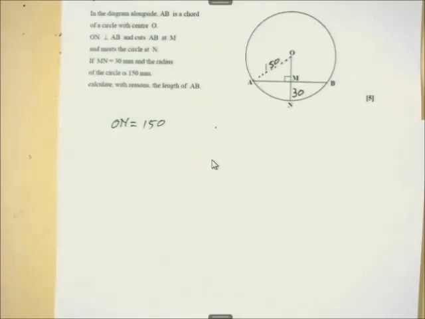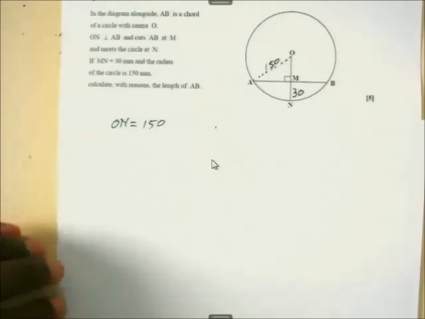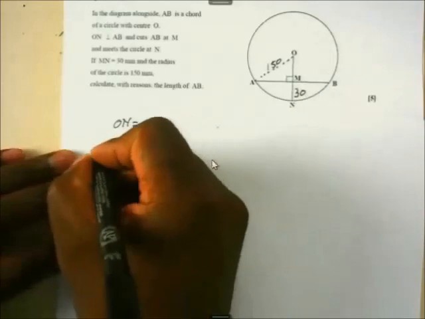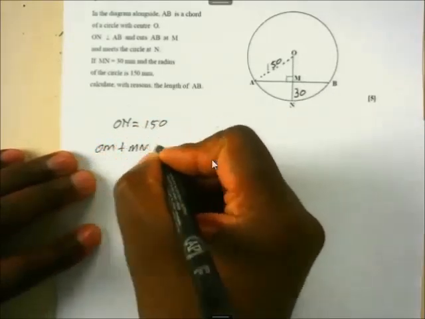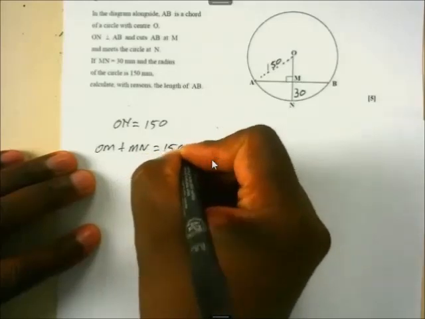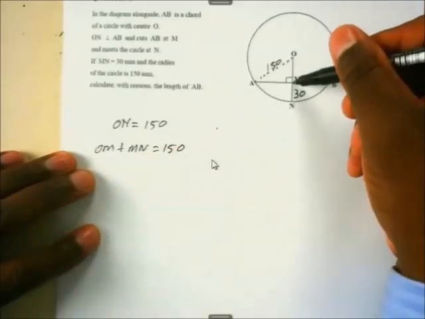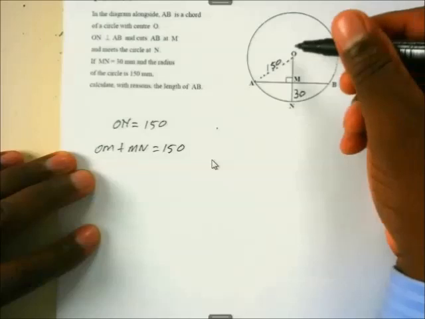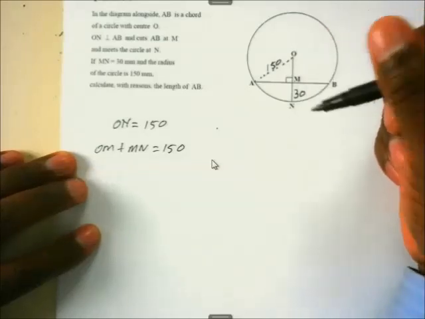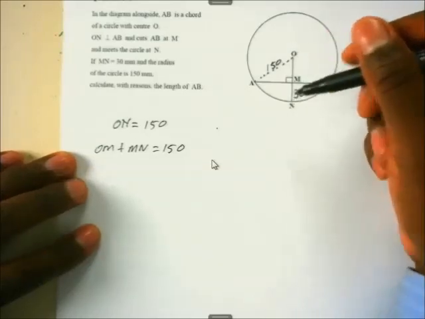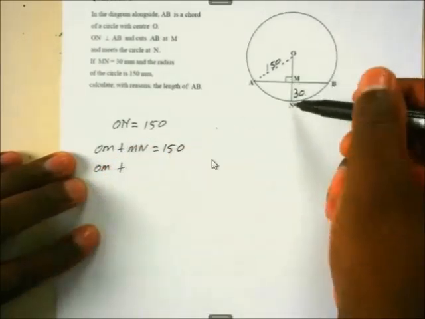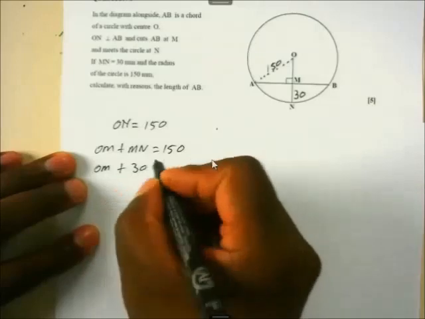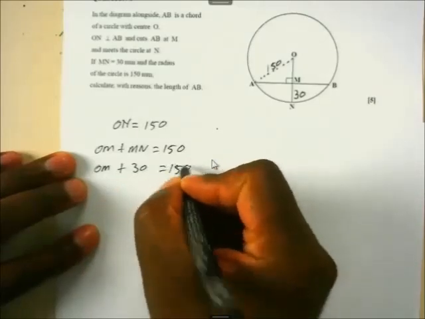But ON is divided into two: OM plus MN. They must give us 150. So we can work out the length of OM. OM plus MN, where MN is given as 30 millimeters, equals 150 millimeters.